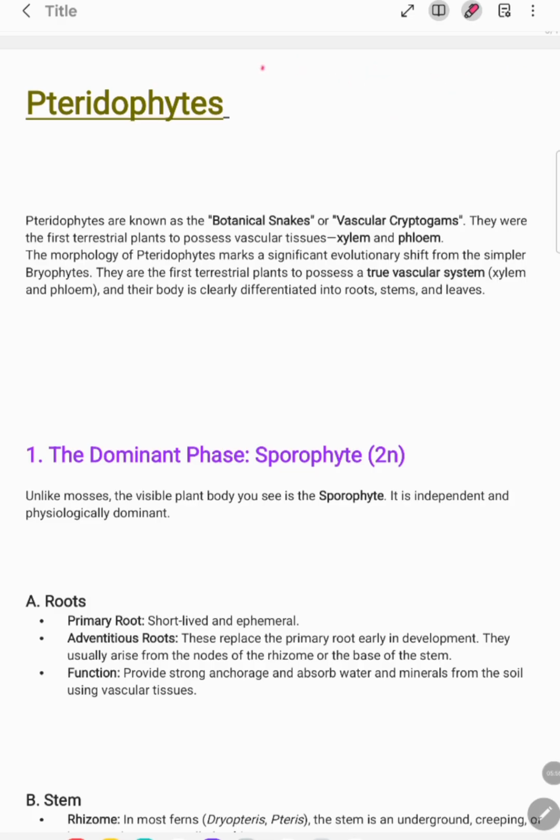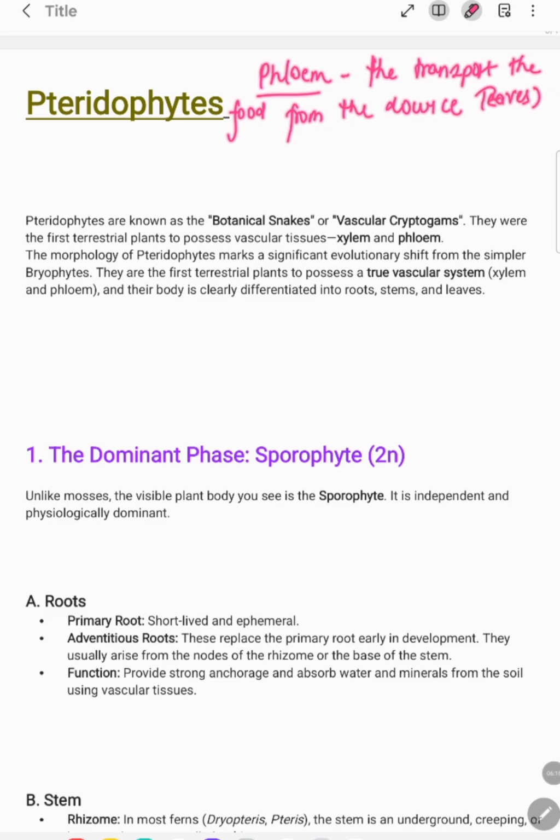Okay, the other complex tissue is your phloem. See, the role of phloem is to transport the food from the source, where the food is synthesized, which is your leaves, to the sink. What is the sink?